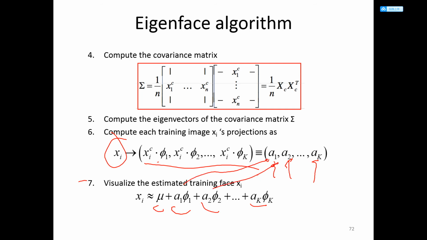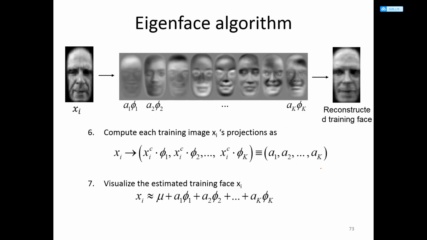And also for classification, these will be basically your features. For example, you have 100 eigenfaces, so you have 100 of these projected values. Then you put these values into another classifier, typically an SVM and so on. Then you can do the classification.